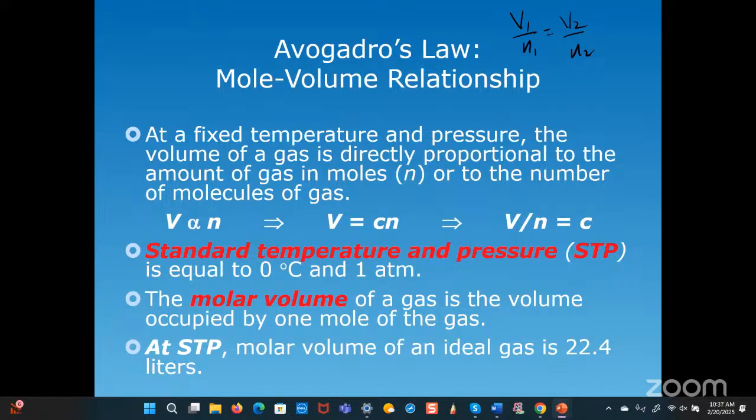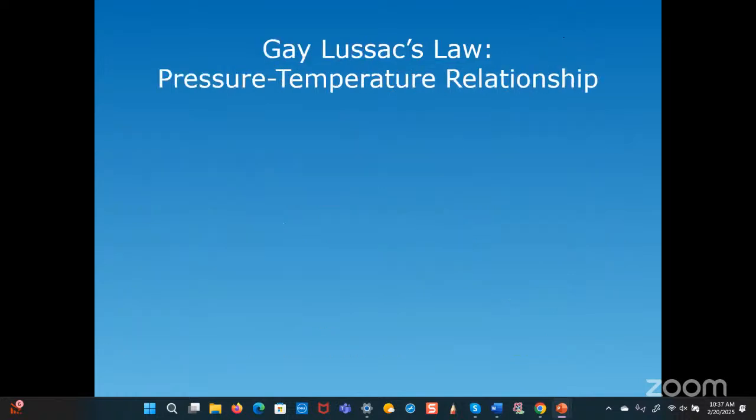Oh, no, that's not it. Okay, I don't have such a question here. Maybe next class I'll be able to dig up one question on that, so that you will know how to use that. All right, so that's molar volume.